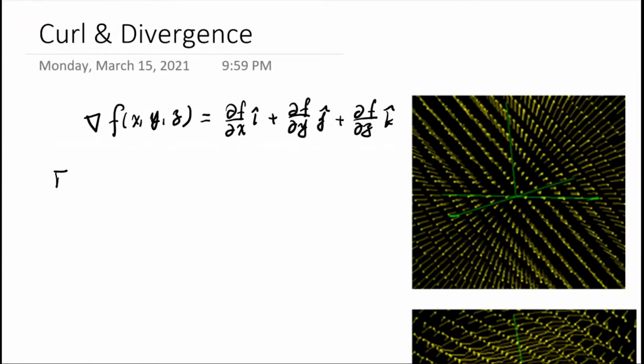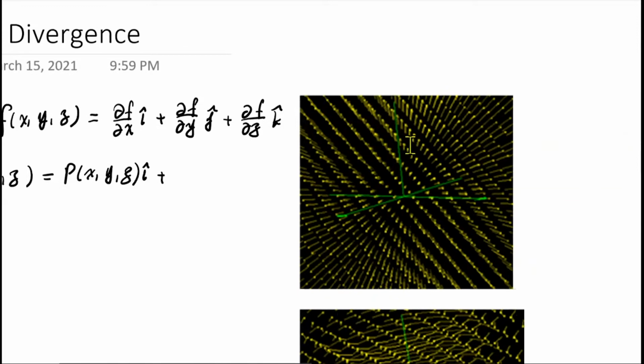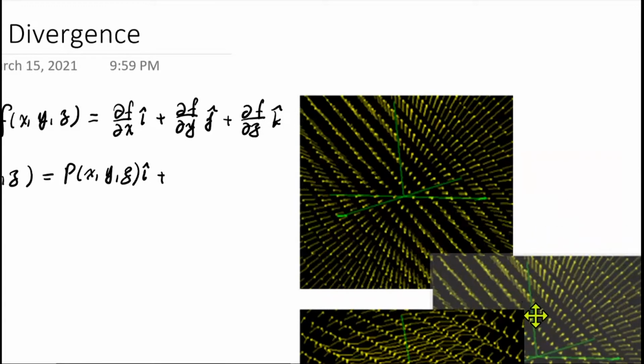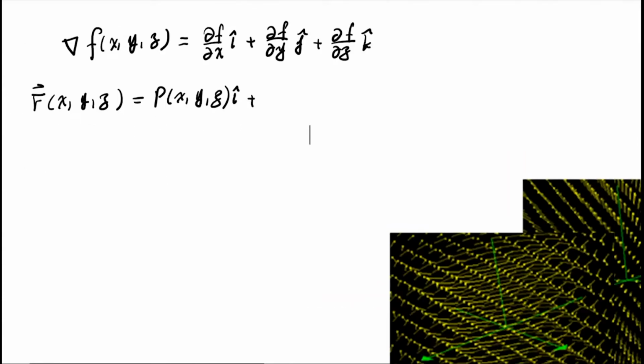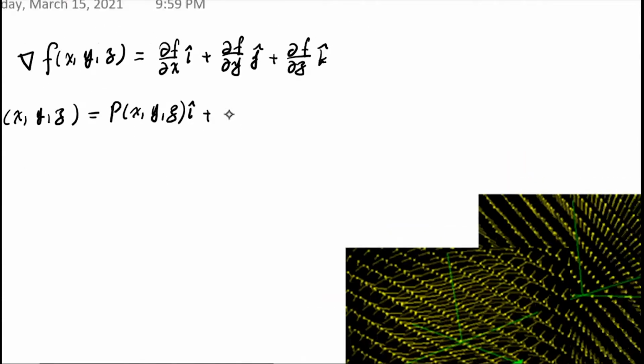So say there is a vector field f, which is a function of x, y, and z, like your tornado, and it has P of x, y, z with the i vector, plus Q, a function of x, y, and z, with the j vector, plus R, some function of x, y, and z.